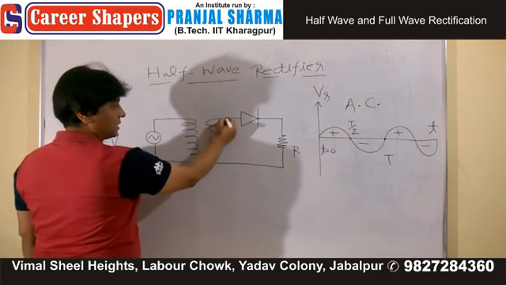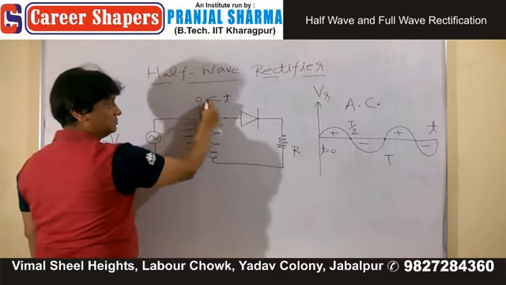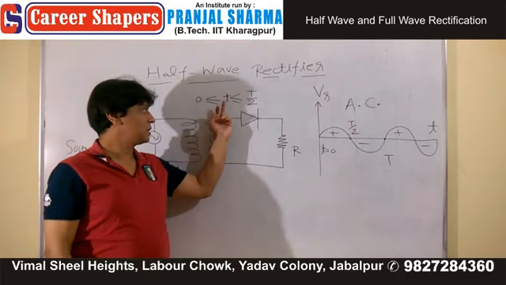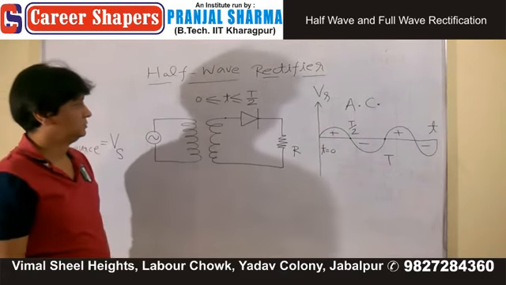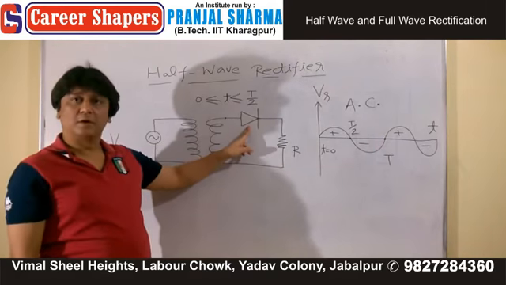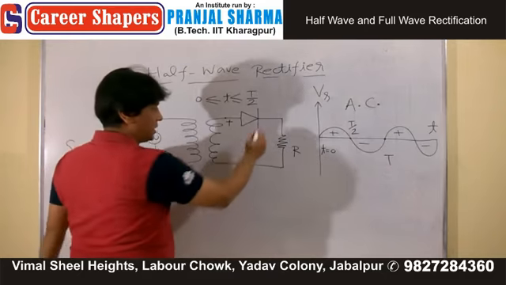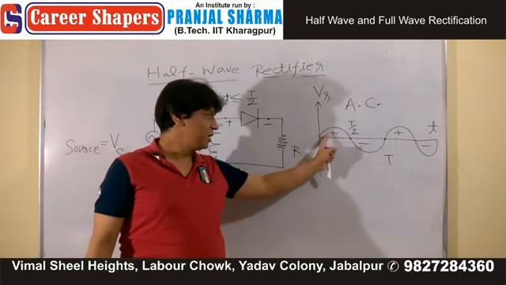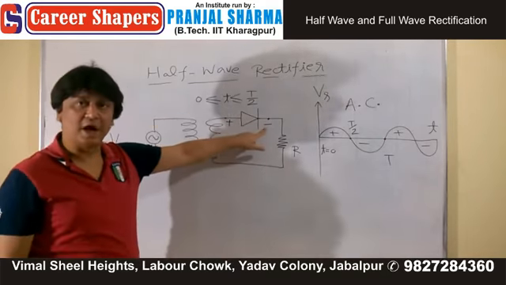When T is greater than or equal to 0 and less than or equal to T by 2, this diode has this terminal at positive and this terminal at negative, which means your potential difference is positive. This is plus, this is minus.